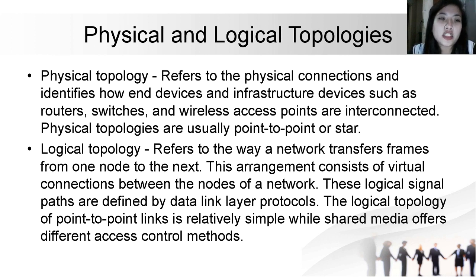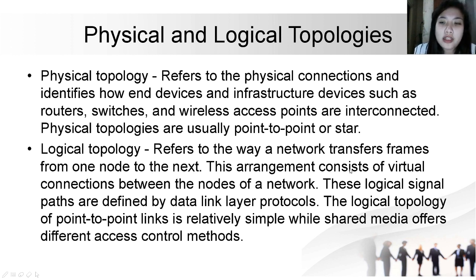Physical and logical topologies. Physical topology refers to the physical connections and identifies how end devices and infrastructure devices such as routers, switches, and wireless access points are interconnected. Physical topologies are usually point-to-point or star, while logical topology refers to the way a network transfers frames from one node to the next.